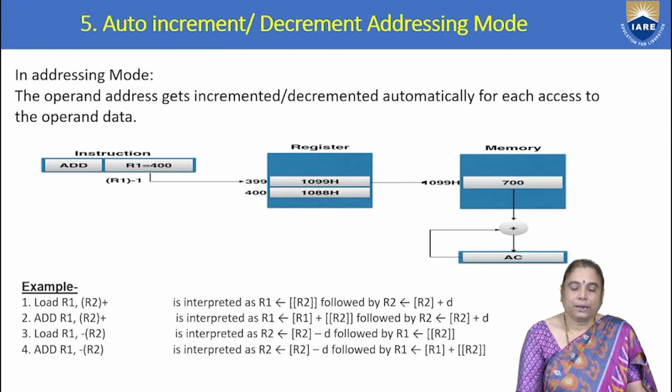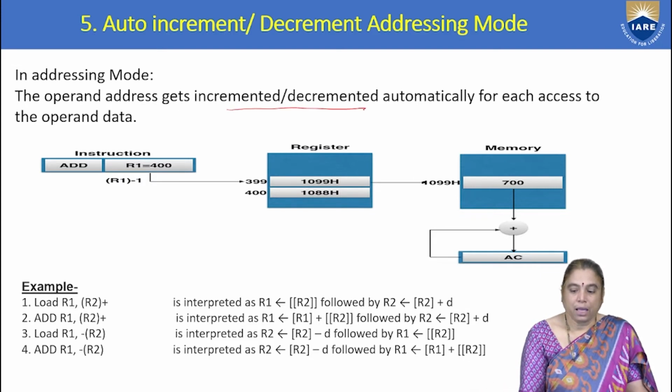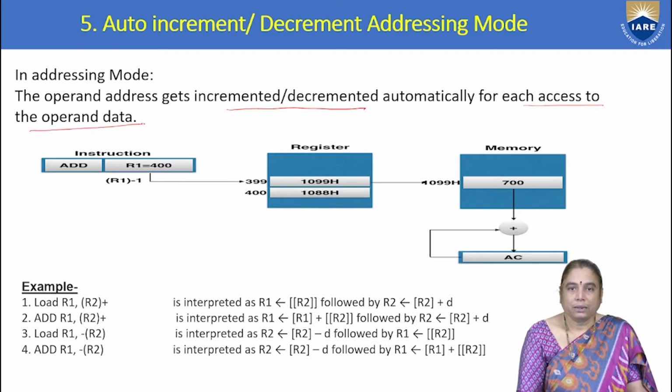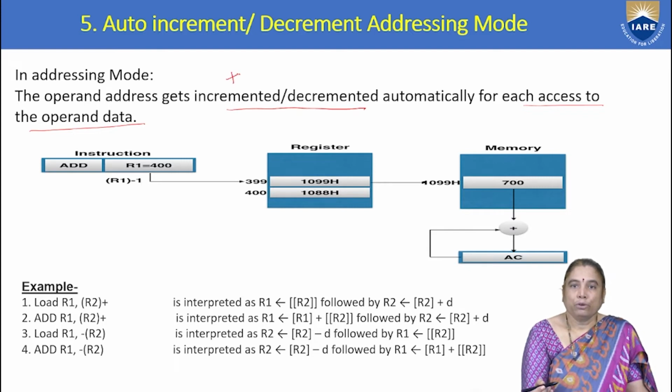The next variety of addressing mode is auto increment or decrement addressing mode. In this addressing mode, the operand address is incremented or decremented automatically for each access to the operand data. The registers are specified with a plus sign to implement the increment operation and a minus sign to implement the decrement operation.